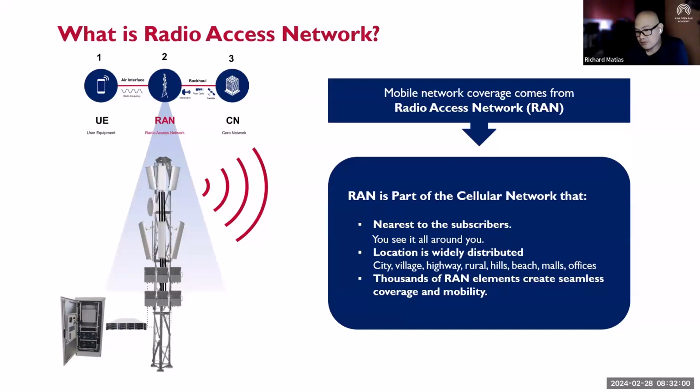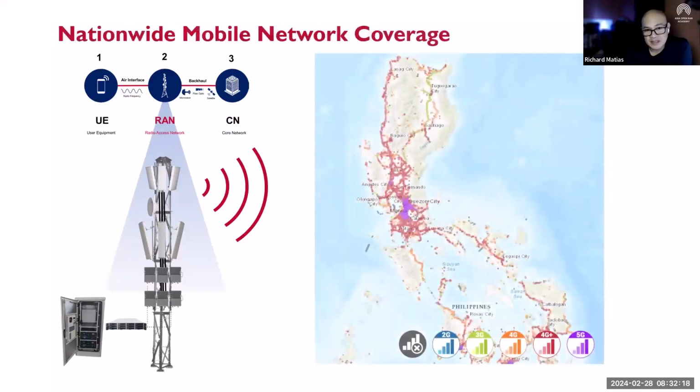To give you a ballpark figure of how many cell sites we have in terms of tower numbers, for example, in Smart or in Globe or in Dito, if you combine them, it's less than 50,000. That's the typical number of our cell sites here. We put different cell sites in different parts of the Philippines to give us this kind of signal level.